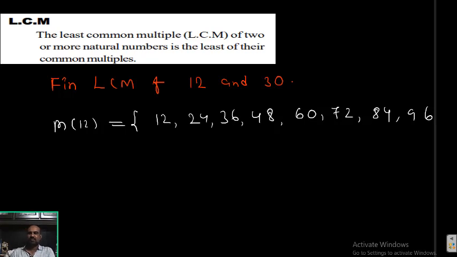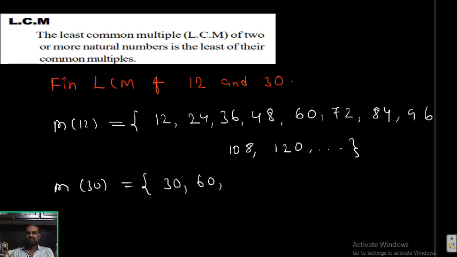Okay. After that, 108, 120, and so on. So multiples of 30 I want: 3 ones are 30, 3 twos are 60, 90, 3 fours are 120, 3 fives are 150, and so on.